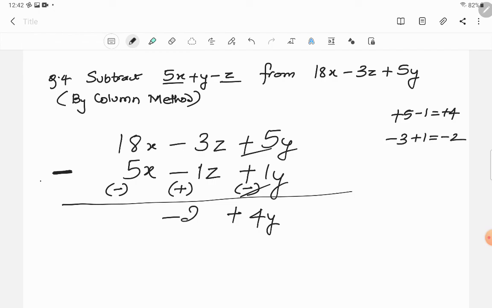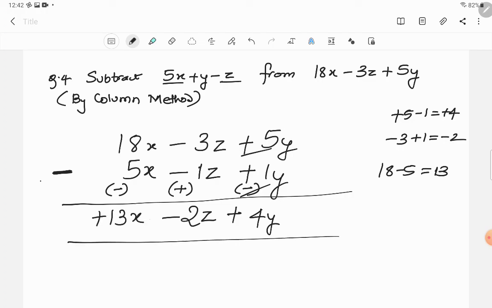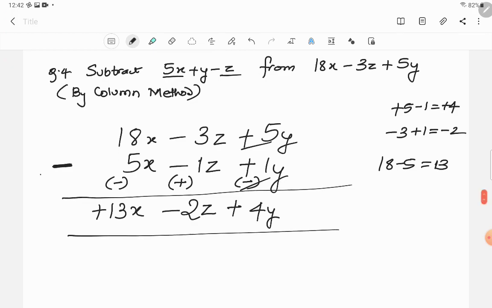So you're getting minus 2z. And then 18 minus 5, which is 13. So you'll write plus 13, or you just write simply 13x. And children, this will be your final answer. Don't forget to write the signs. That is the subtraction by column method. Alright, is that clear?